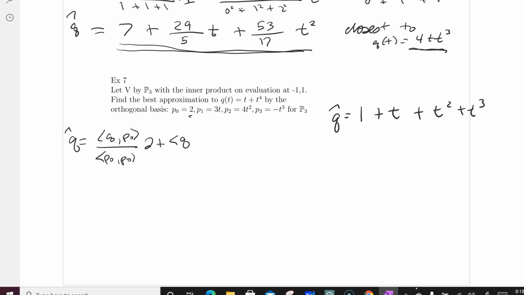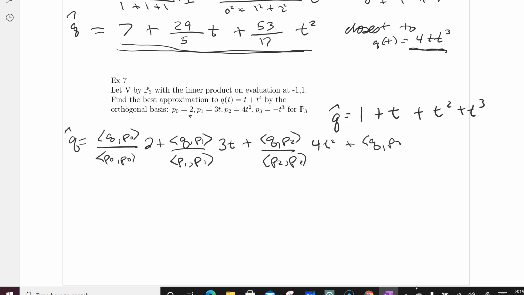Then I'm going to do q with p1 all over p1 inner product with p1, and then times the p1, which is 3t, plus q with p2 with itself, all times the p2, which is 4t squared, and then I'm going to do q with p3, and then the denominator p3 with itself, and then times the p3, which is negative t cubed.